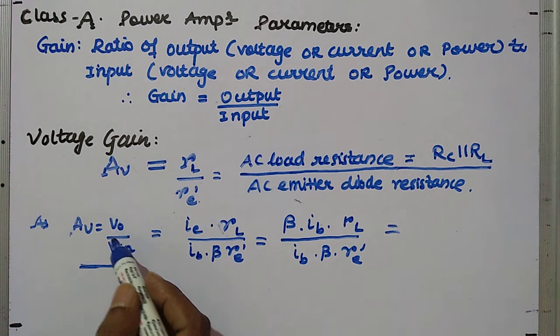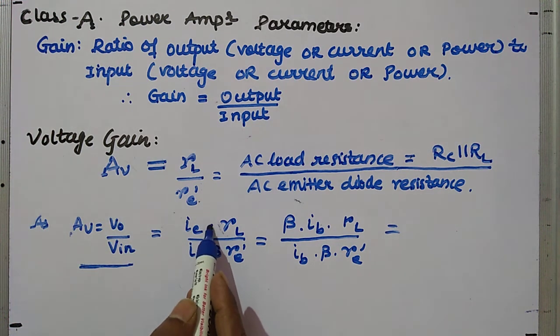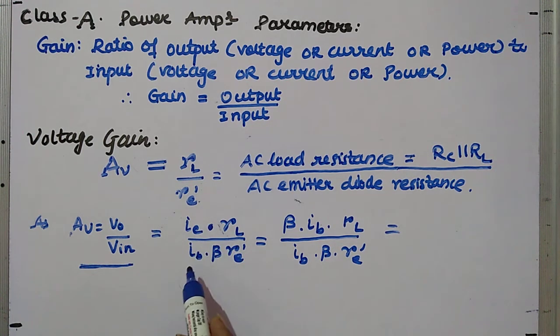Output voltage VO is given by emitter current into the load resistance divided by the base current into beta into emitter to base resistance of the transistor we are using, or we can say the emitter diode.